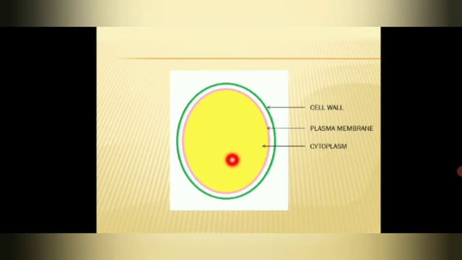So what is cytoplasm? The fluid filled area present inside the plasma membrane is called cytoplasm. This is not an empty area, actually it is filled with a fluid which is made up of organic and inorganic compounds.